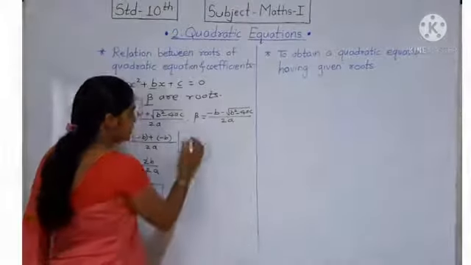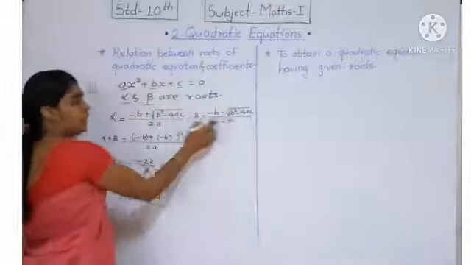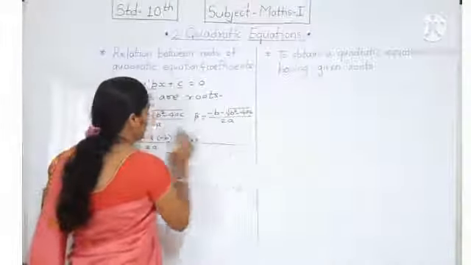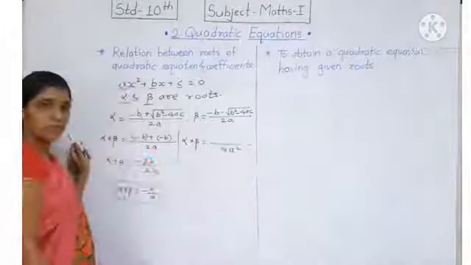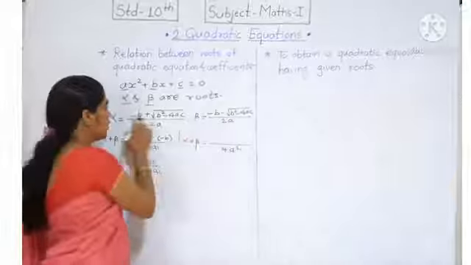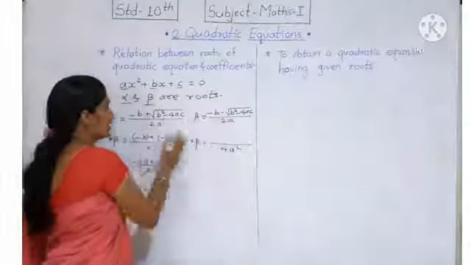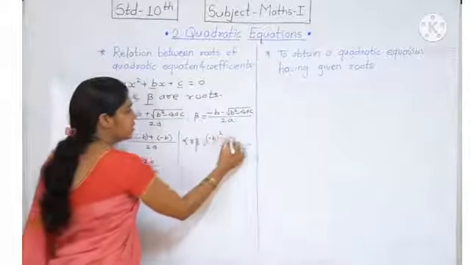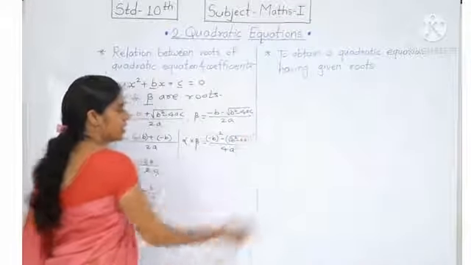And what happens if I take the product alpha into beta? If I take the product of these two, then in the denominator 2a into 2a becomes 4a square. And in the numerator it is in the form (a plus b)(a minus b), meaning a square minus b square: minus b whole square minus root b square minus 4ac whole square.